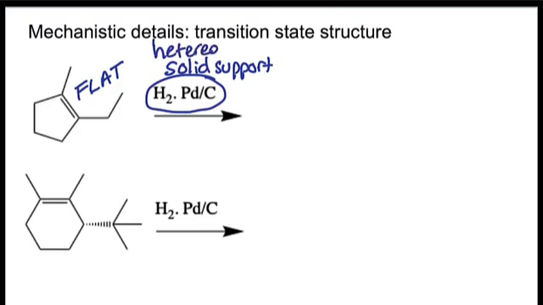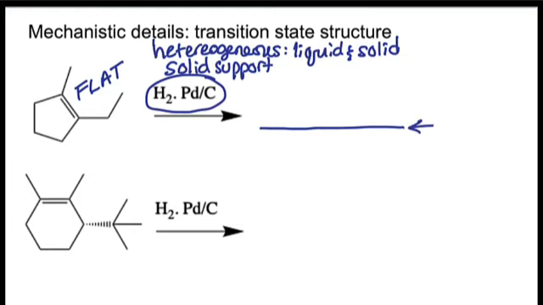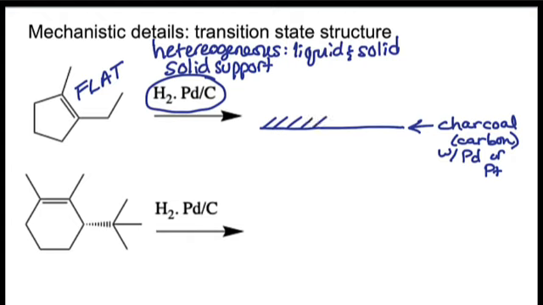So heterogeneous means we've got both liquid and solid materials reacting with one another in different phases. All right. So our solid support can be drawn like this. Okay, that is charcoal, essentially, carbon, coated with palladium or platinum or another transition metal.